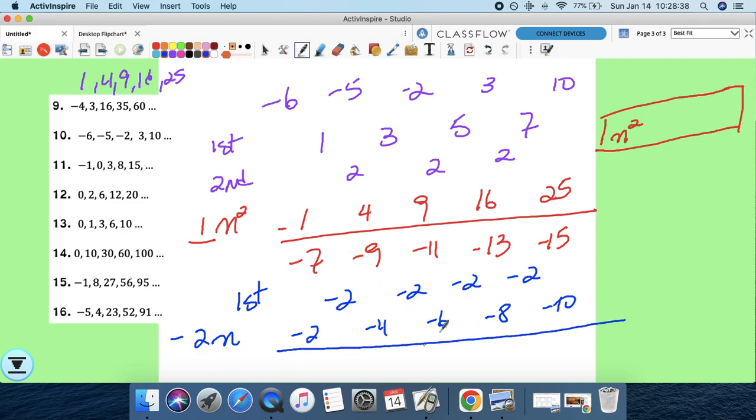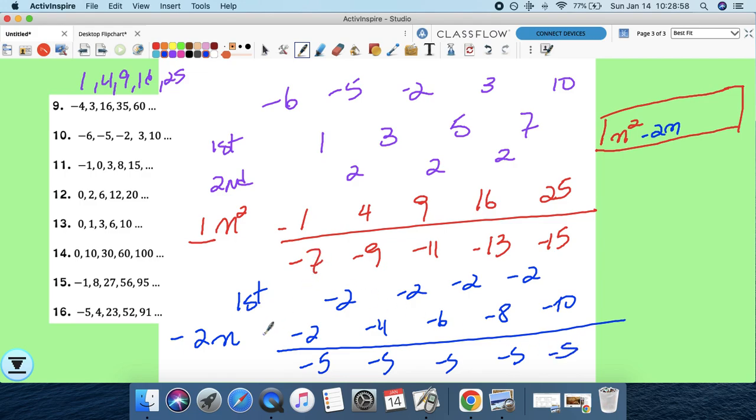Another way of thinking about it: to this sequence of negative 2, negative 4, negative 6, negative 8, negative 10, what do I do to get to negative 7? Well, you can just subtract 5. So we get negative 2, minus 5, minus 5, minus 5, minus 5.